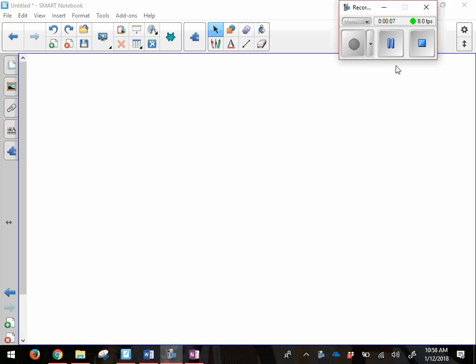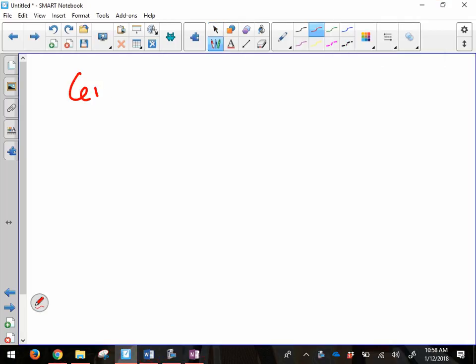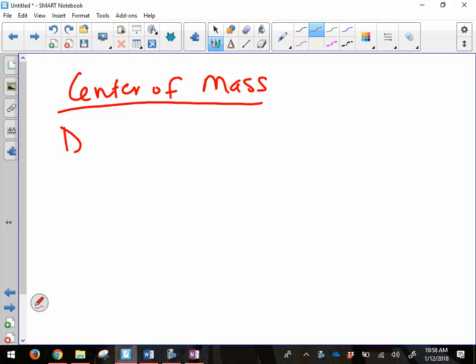So last time we were talking about center of mass. And we found out what it would be for a discrete distribution of mass.